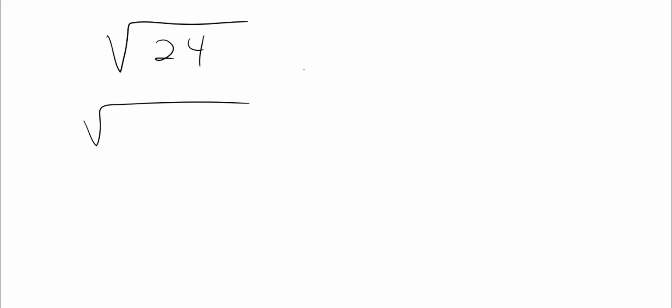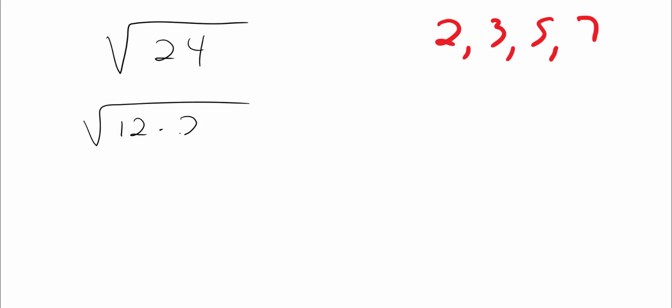How about the square root of 24? We did it before. I'm going to write these out here: 2, 3, 5, and 7. Square root of 24 divided by 2 is 12 times 2.